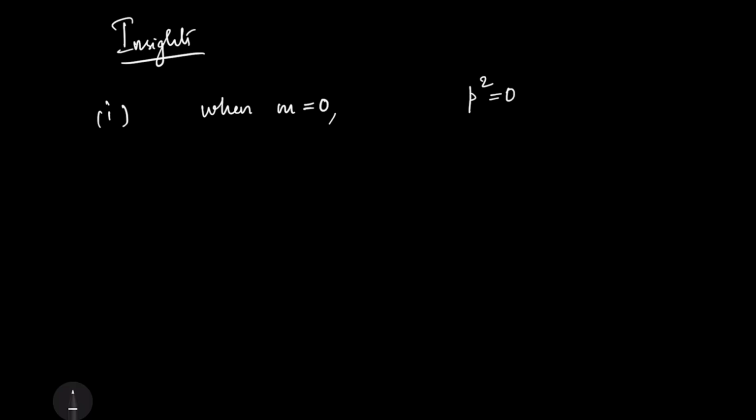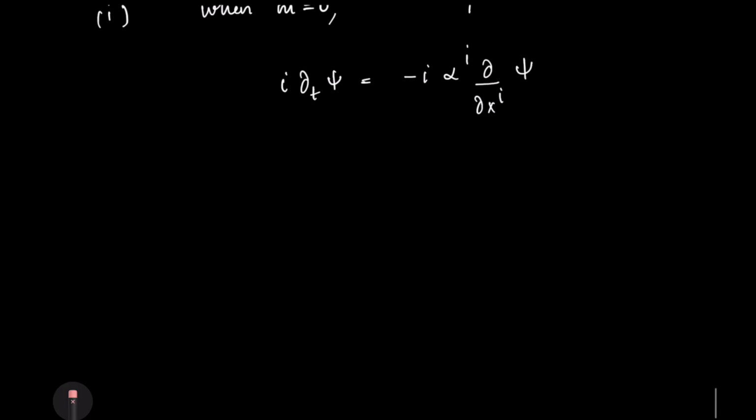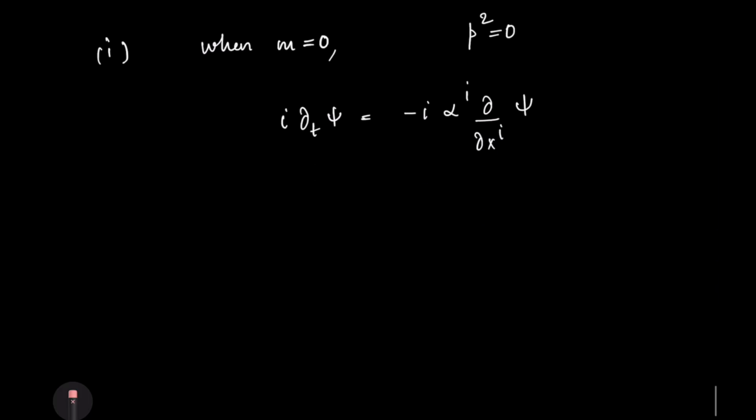And correspondingly, the Schrodinger equation I partial t psi is equal to minus I alpha I partial psi, and the m square term will not be there because m is equal to 0. So only the first term will be there. So this will be the equation in the massless case.